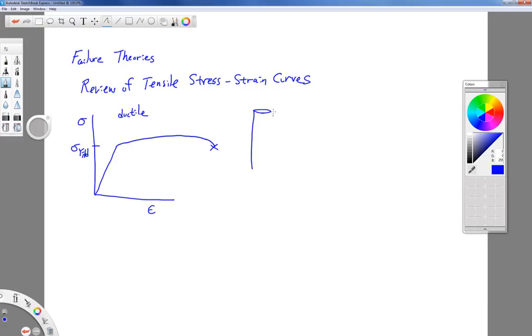And in our tension specimen, we have what's called a uniaxial stress state. So on my little stress block or my stress element, I have stress just in the vertical direction when I pull on this bar in my testing machine. When that stress in the vertical direction reaches sigma yield, then I know that my material has yielded.